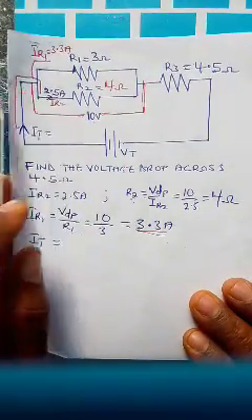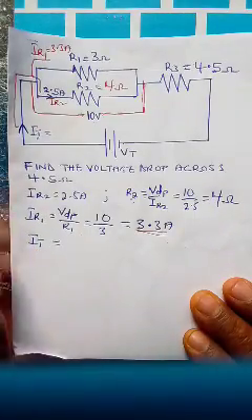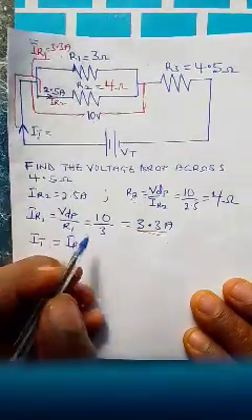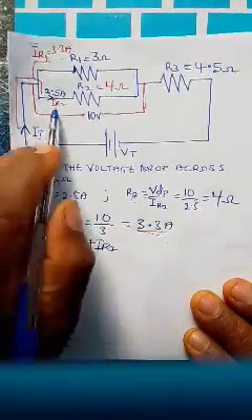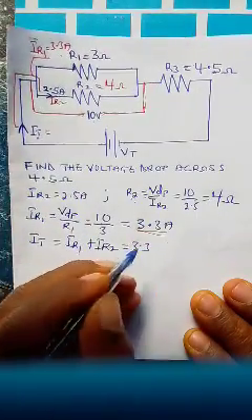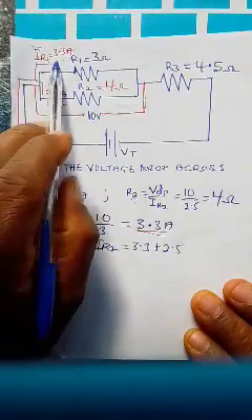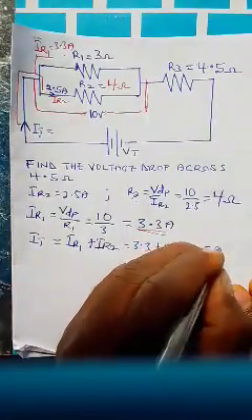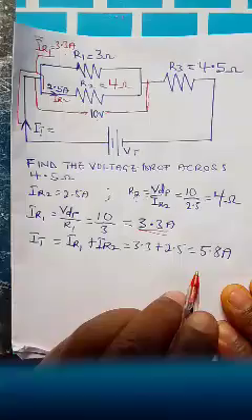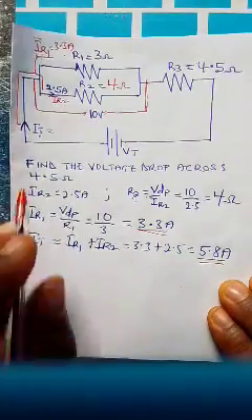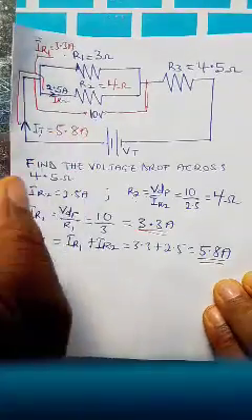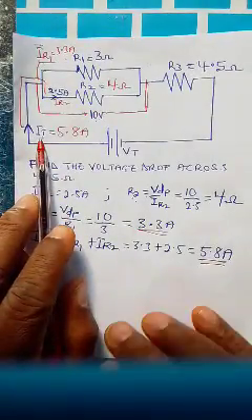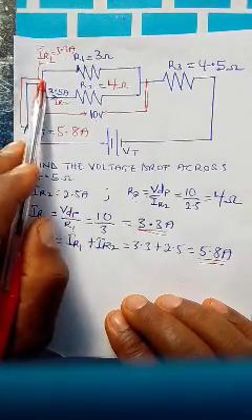And the current flowing in R2 is 2.5. So now we can say total current equals current in R1 plus current in R2, which is 3.3 plus 2.5, giving us 5.8 amps. This is the total current.